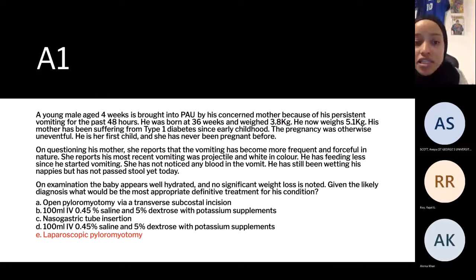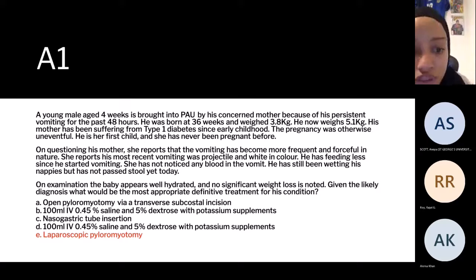Given the likely diagnosis, what would be the most definitive treatment? As you can see on the screen, the answer is laparoscopic pylorotomy, because this child is suffering from pyloric stenosis. The question asks what the definitive treatment would be, the thing that would completely treat the condition, and that's doing a pylorotomy.